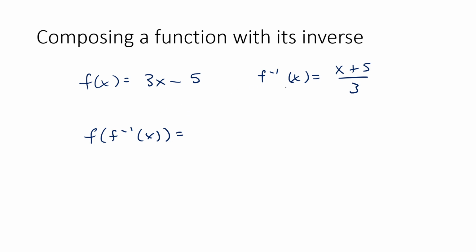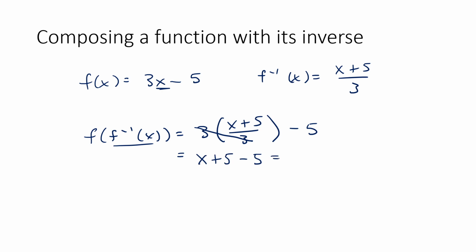So remember from our lesson on composition, this means plug in, where there used to be an x, the equation for f inverse. And we can see, if we start to simplify this thing, the 3 and the divide by 3 will cancel. And then the 5 and negative 5 just cancel out.